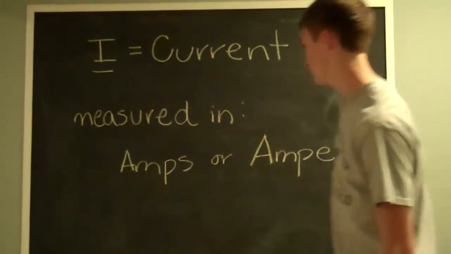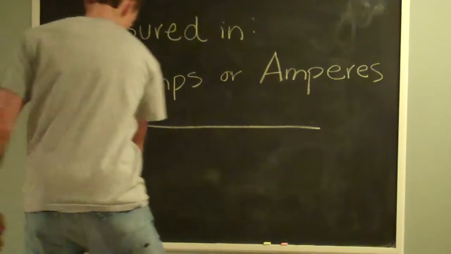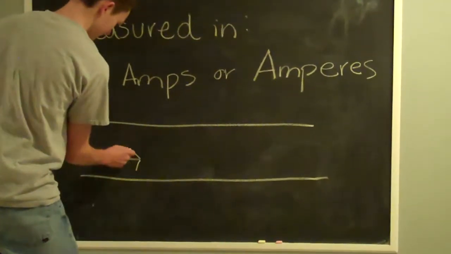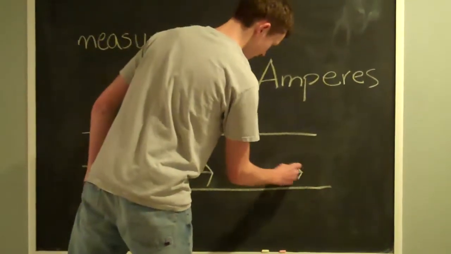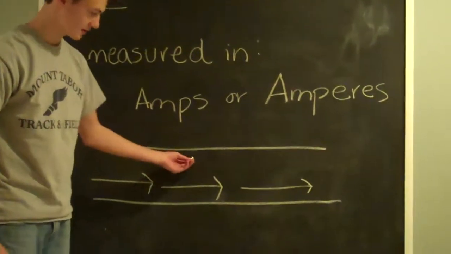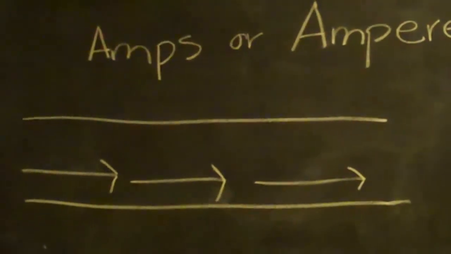The current is like a flow of electricity in the circuit, just flowing through the entire circuit, so a cord or a wire. And so that's how you measure it.